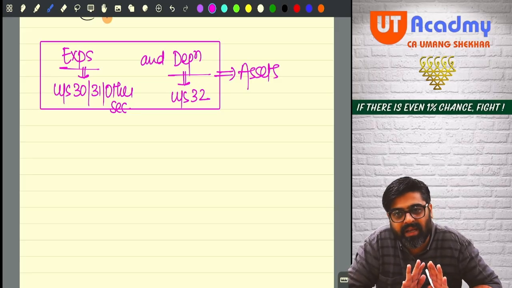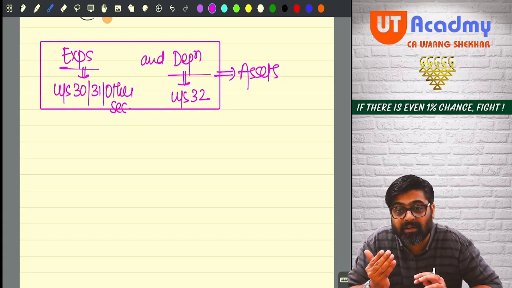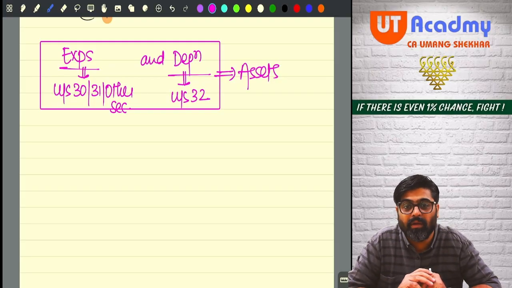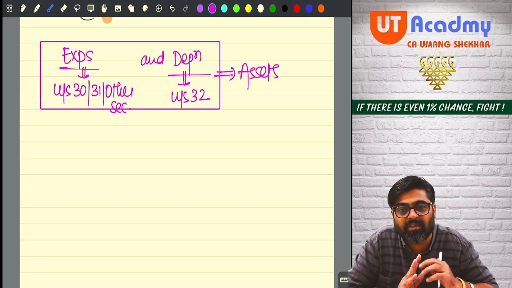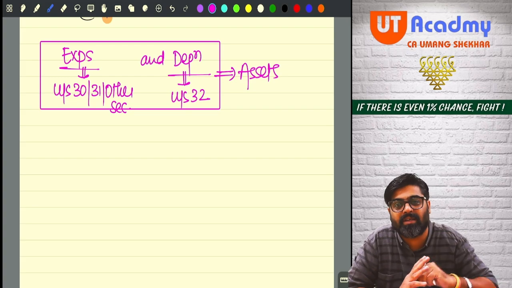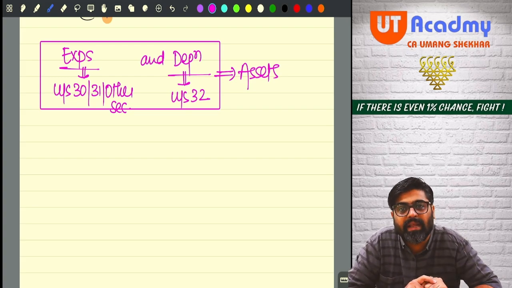So section 38 disallowance will come into picture while claiming deduction under section 30, while claiming deduction under section 31, while claiming deduction for depreciation under section 32, or while claiming deduction for expenses of the asset under any other section. Section 38 will come into play. Getting my point or not, everyone?